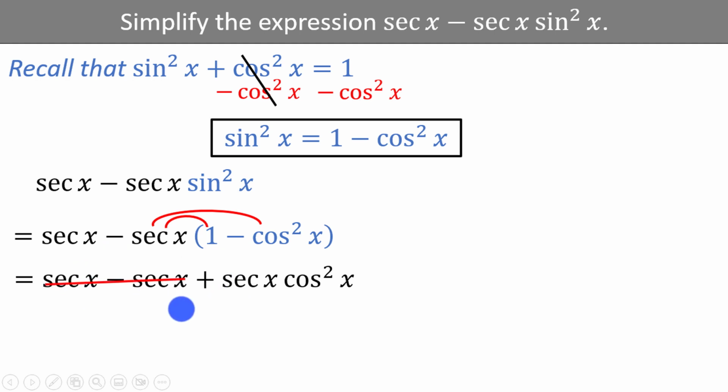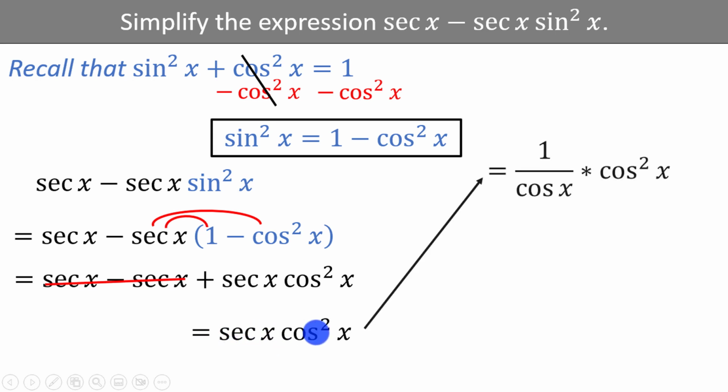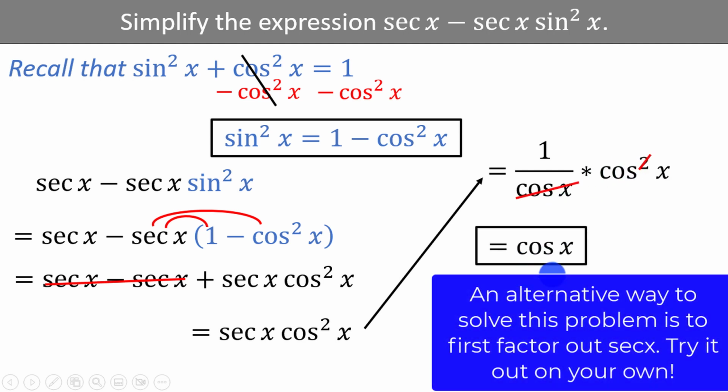The two secants cancel, and we are left with secant of x times cosine squared of x. We know that secant is the same thing as 1 over cosine, so we can convert this into 1 over cosine times cosine squared. One of the cosines in the denominator will cancel with one of the cosines here. Altogether, we will have cosine of x.